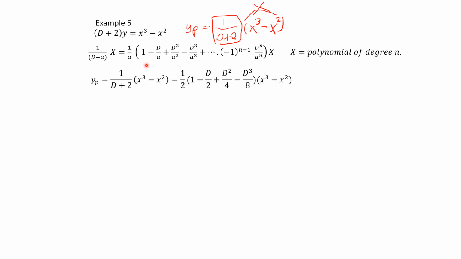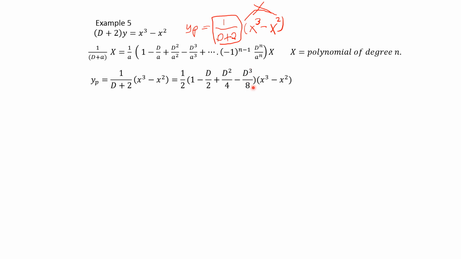So our particular solution now is 1 over D + 2 of x³ − x². And look at this, this is 1/2. Comparing it with the formula, our a is 2, so this is 1 − D over 2 + D² over 4 − D³ over 8. You may notice why I stopped with D³ over 8.